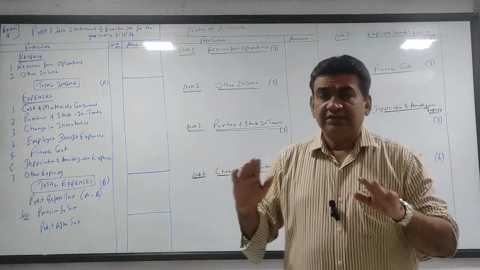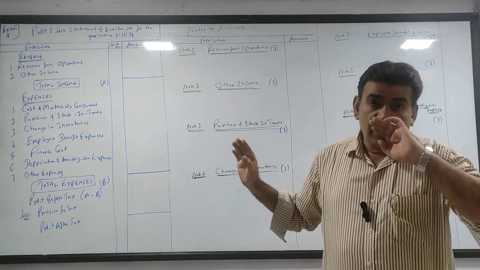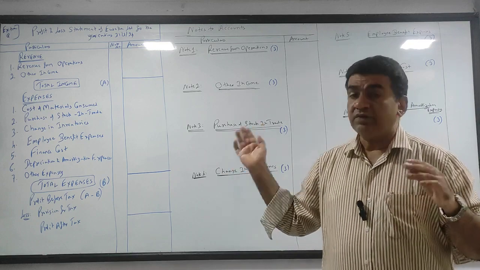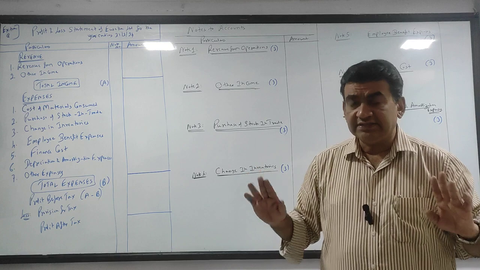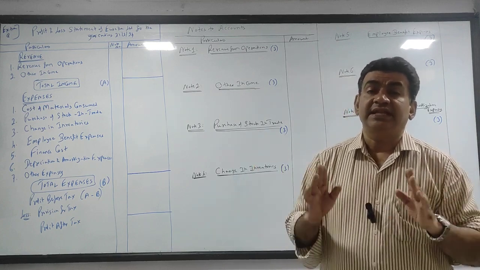This session I am purely devoting for P&L. In the next class, I may take one or two sums only on P&L if I feel. Otherwise, I will straight away start with full-fledged sums where there is P&L and balance sheet.